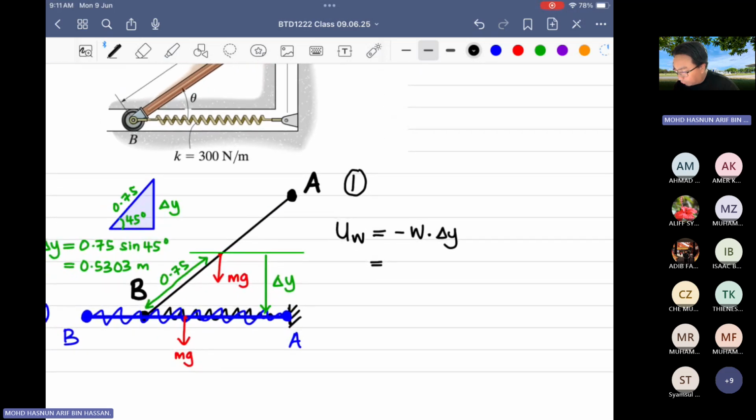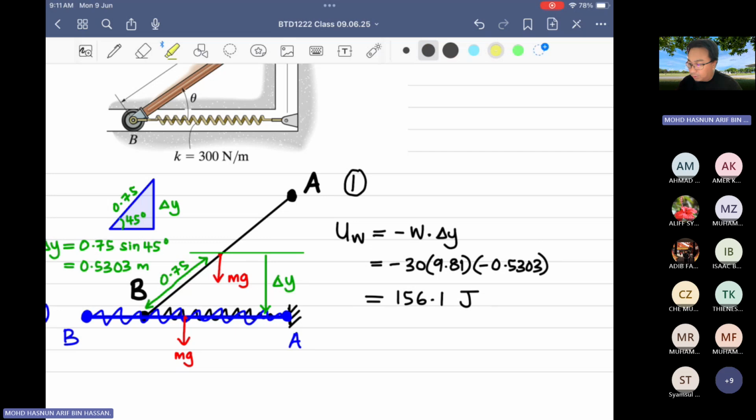So we have minus 30 times 9.81 times 0.5303. This is going downwards, so it will be negative, which gives a positive value of UW, which is 156.1 joules.